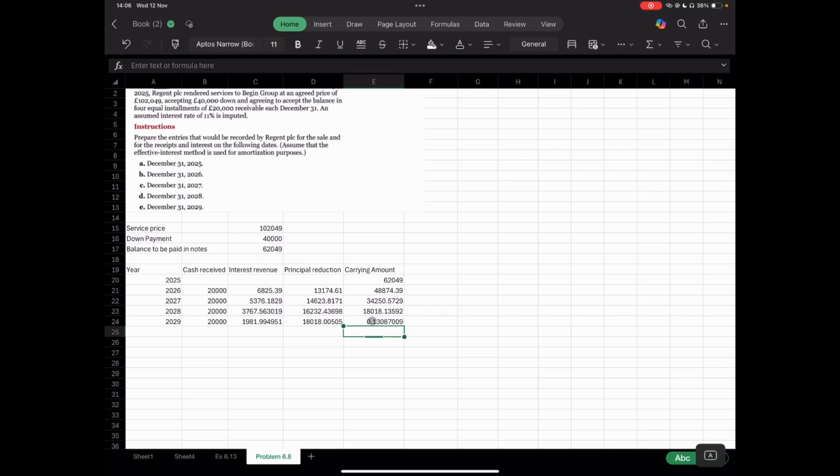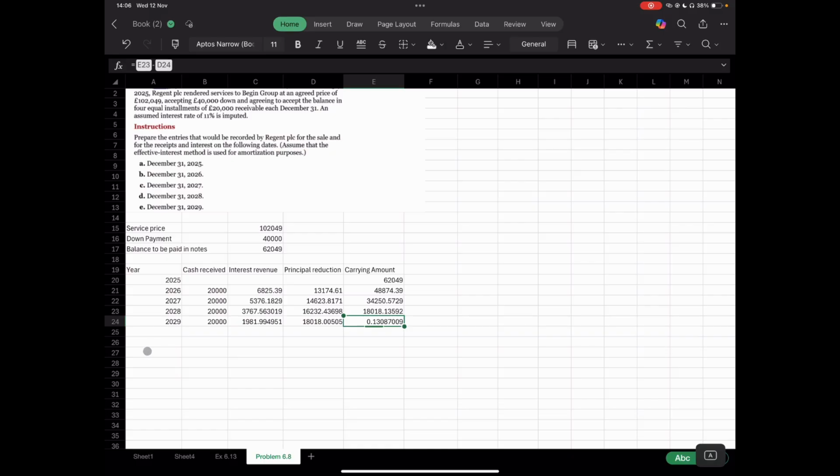We almost have a zero, so I'm going to assume it's going to be a zero. The final interest revenue is rounded so the carrying amount goes to zero.